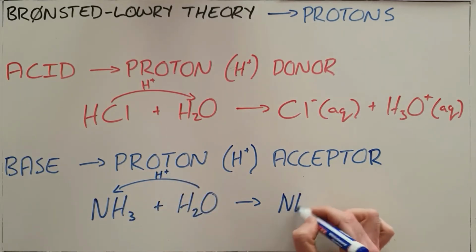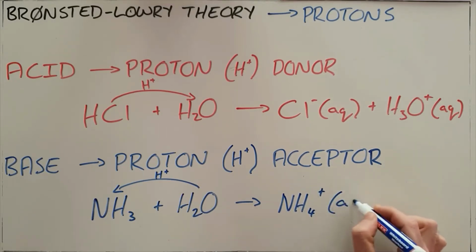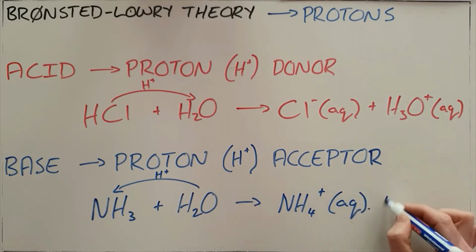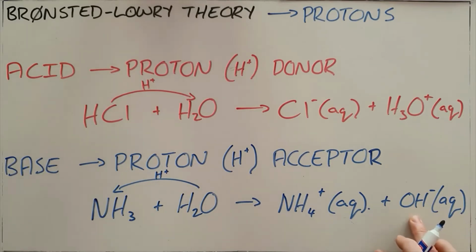This means that the ammonia becomes NH4+, aqueous, and it leaves hydroxide ions behind. So once again, the result of this reaction is the same in that it produces hydroxide ions. By Arrhenius theory, it is also a base, but the explanation for why that has happened is different.